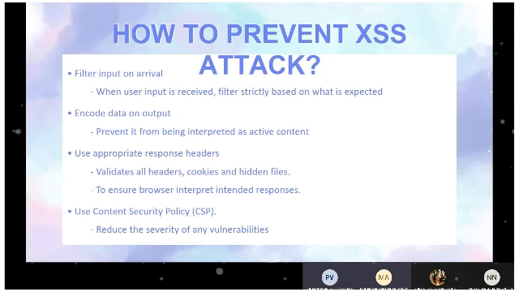Third, use appropriate response headers. Validate all headers, cookies, and hidden fields to ensure the browser interprets the intended responses. And lastly, use content security policy (CSP). This is to reduce the severity of any vulnerabilities.